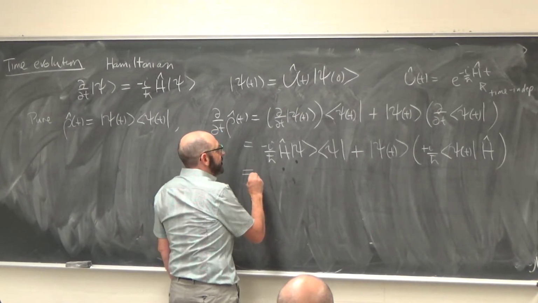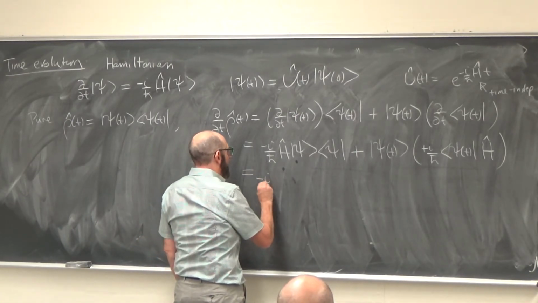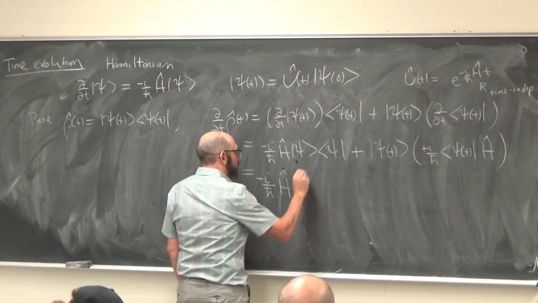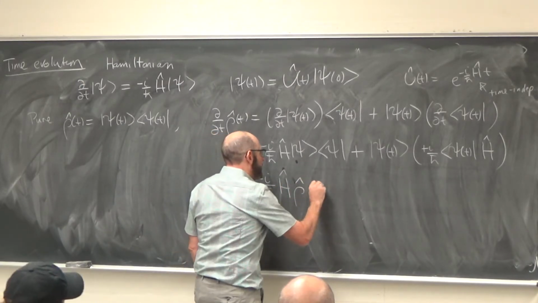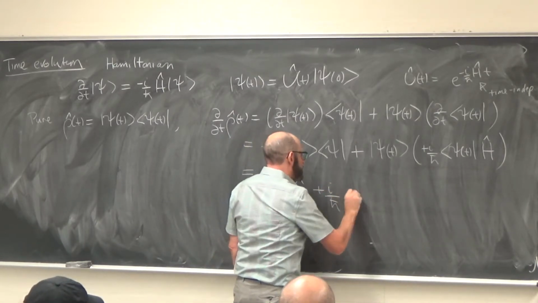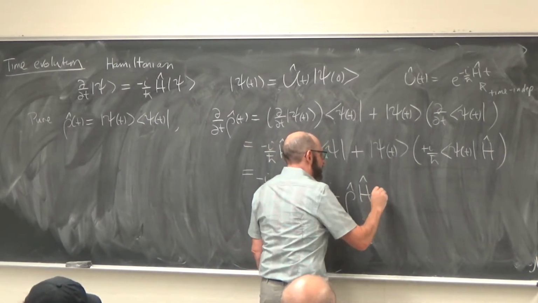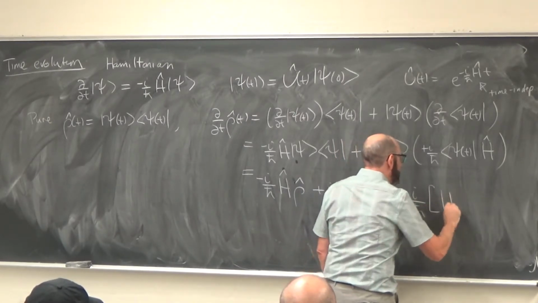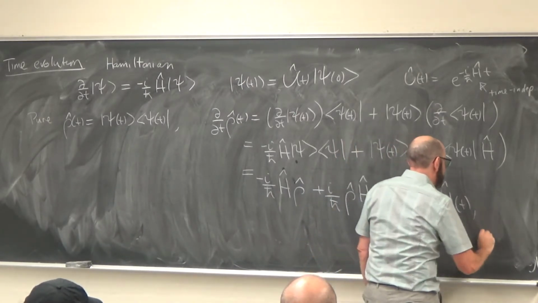Which is equal to minus i over ħ H rho plus i over ħ rho H, which is minus i over ħ the commutator of H with rho.